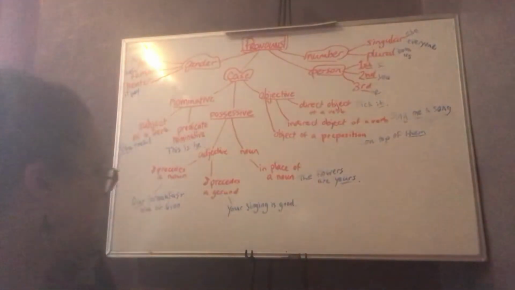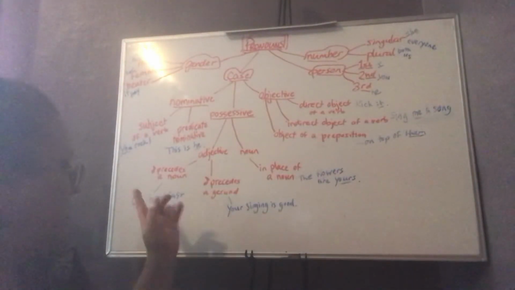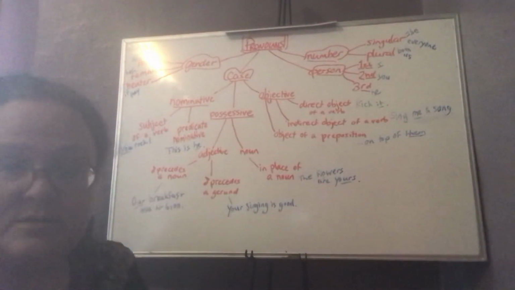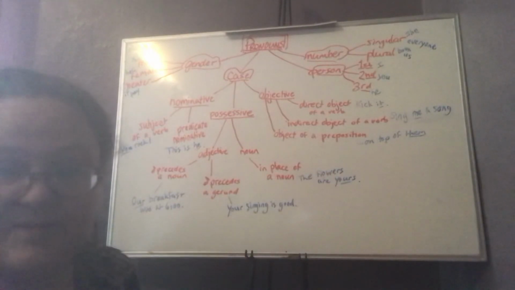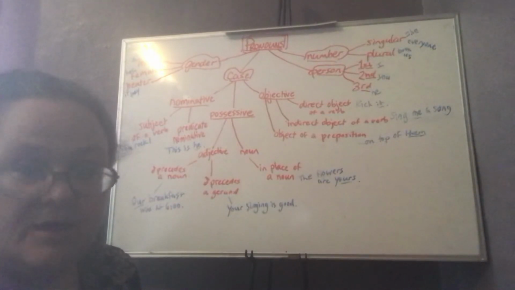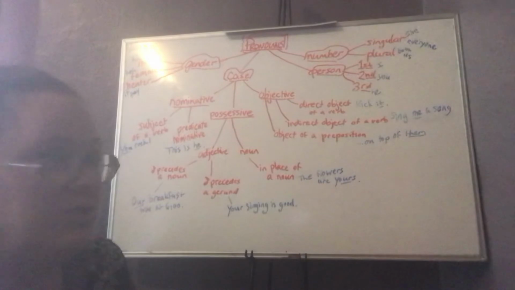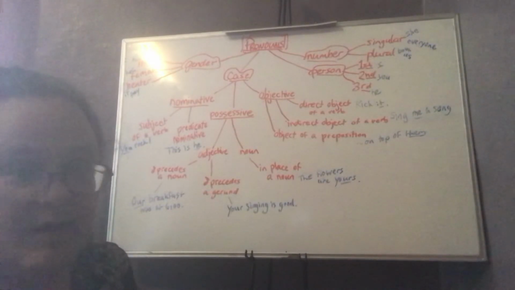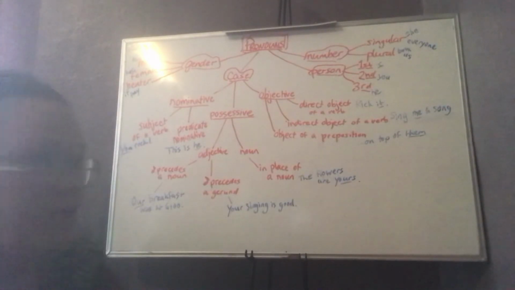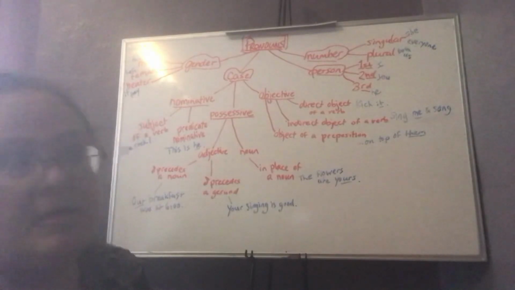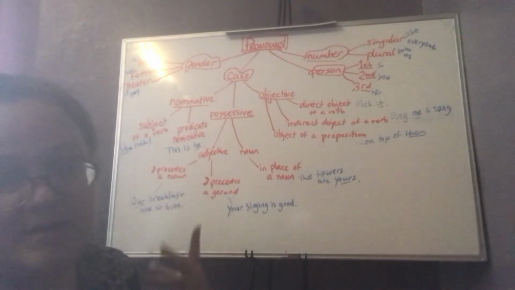So, our breakfast was at 6 o'clock, so the breakfast belongs to us. So I'm using the possessive case to show that belonging. We would never say the breakfast of us was at 6 o'clock. We don't talk like that.